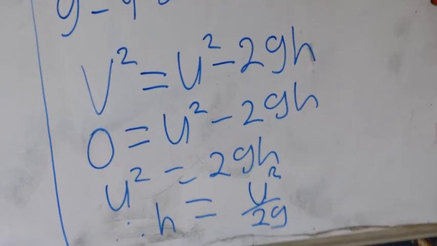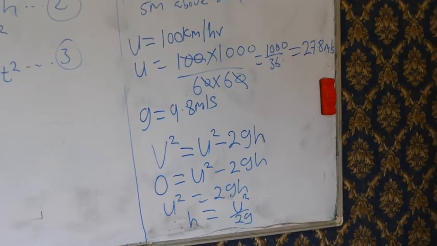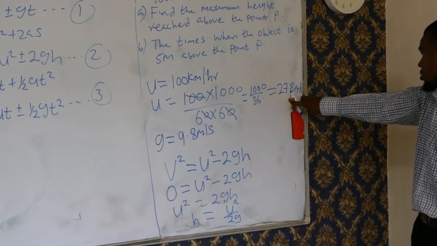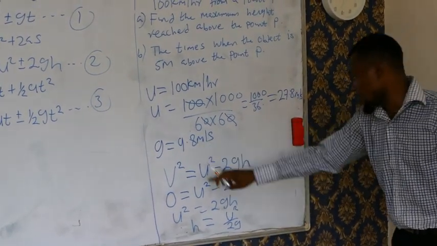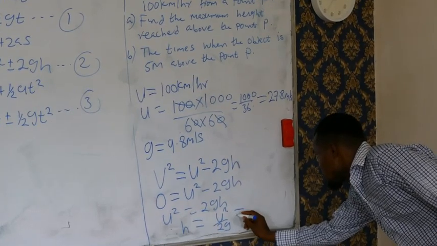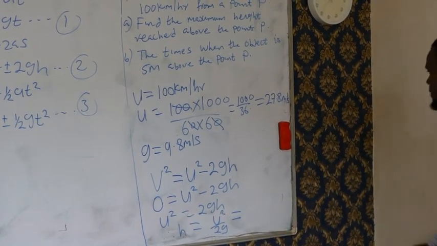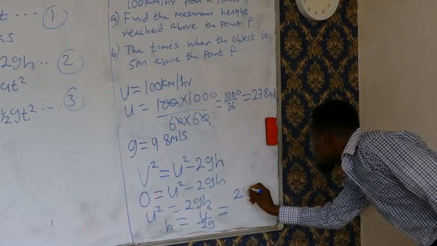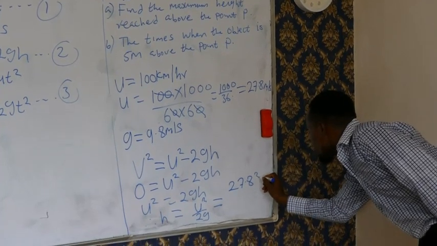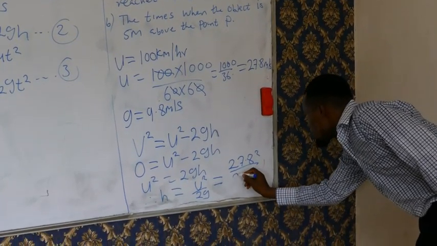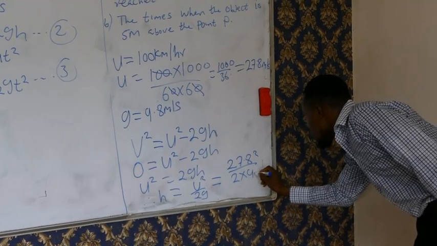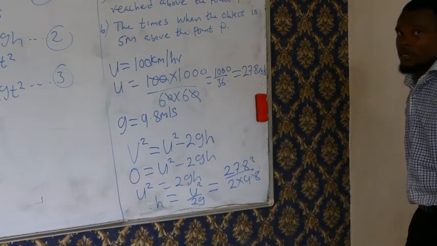So you can now substitute the values. You have your u to be this, and you have your g to be 9.8, which means that this is going to be 27.8 squared all over 2 times 9.8.